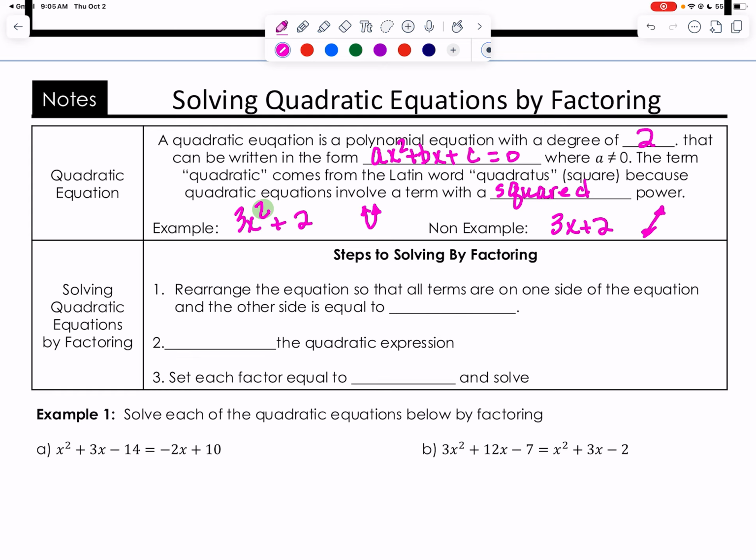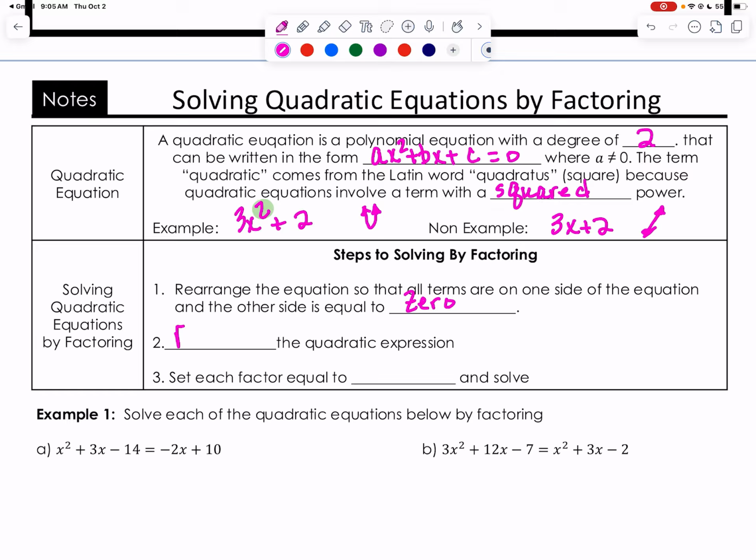Now, one of the main ways you learned to solve quadratic equations in previous courses was to solve quadratic equations by factoring. Now, there's 3 steps when you're solving by factoring. The first step is to rearrange the equation so that all terms are on one side of the equation and the other side is equal to 0.